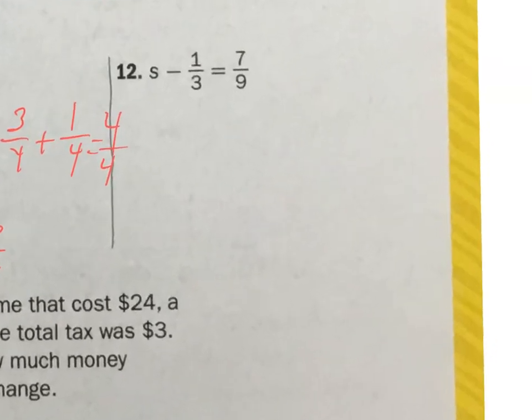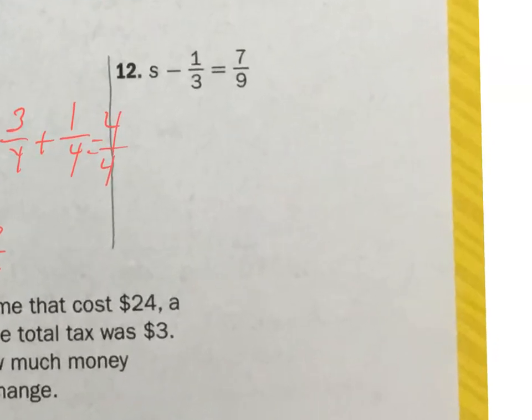Alright, let's do this one. I want to get this s all by itself. So minus 1/3. So I'm going to add 1/3 to each side. Do the inverse operation. And that brings s down. Those cancel. Equals 7/9 plus 1/3.